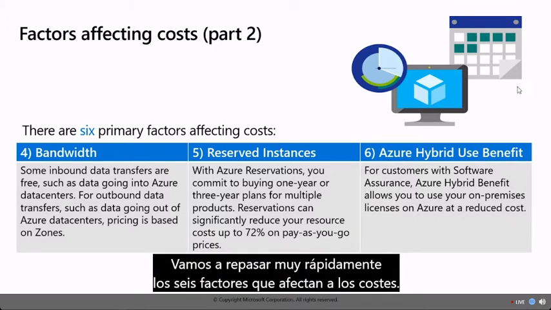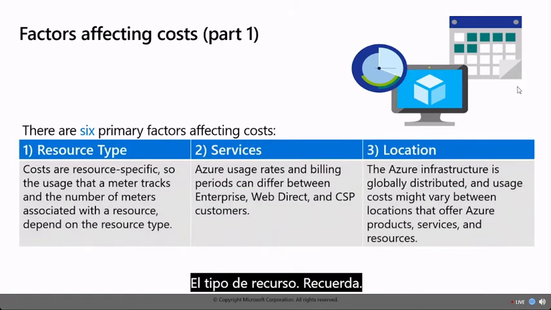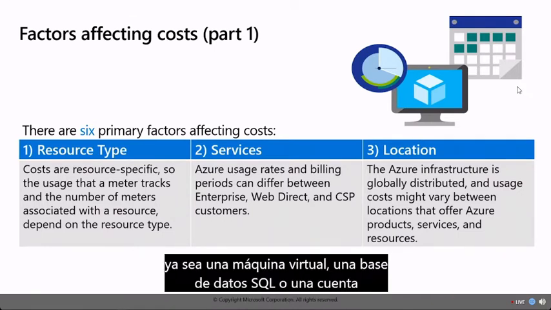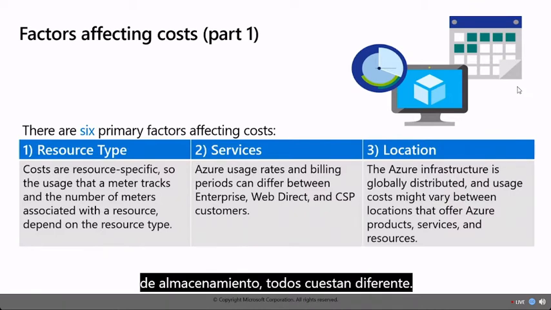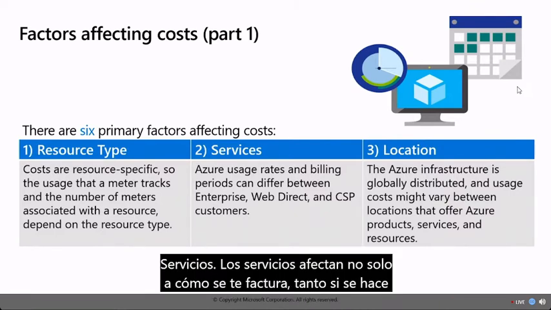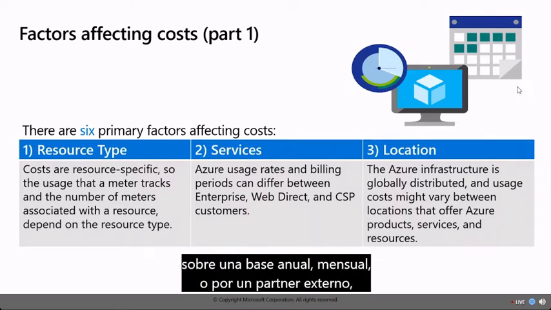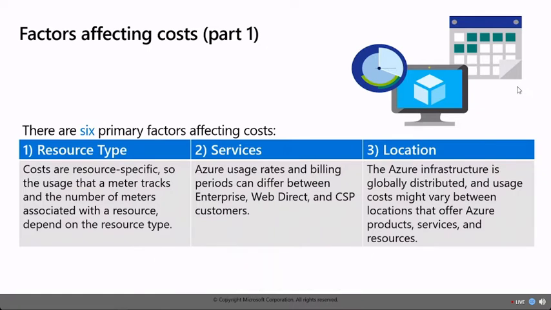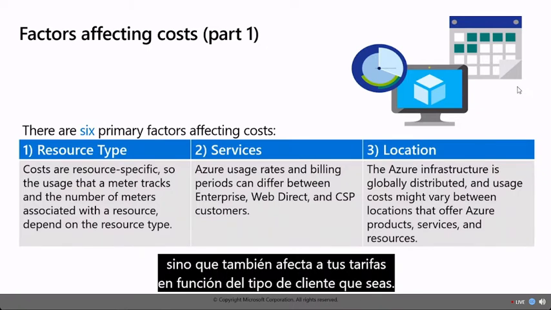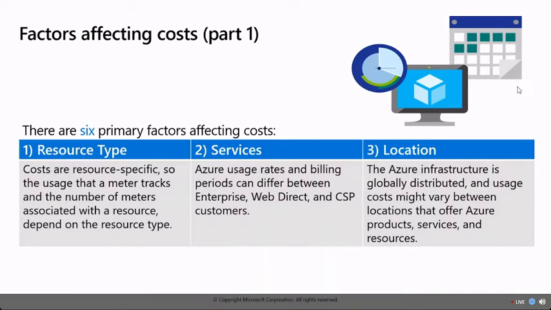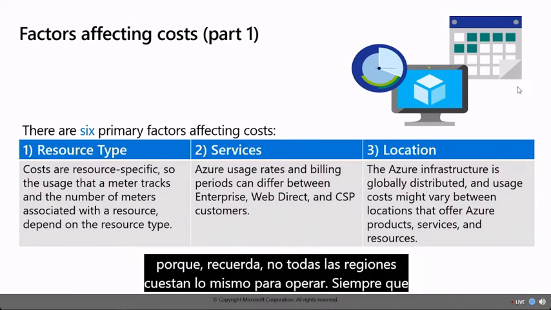So let's very quickly review the 6 factors that impact cost. The resource type. Remember, whatever resource you select, whether it's a virtual machine or a SQL database or a storage account, they cost differently. Services impact not only how you're billed, whether you're billed directly from Azure on an annual or monthly basis, or by a third party, but it also impacts your rates depending on your customer type. Your location impacts cost because remember, not all regions cost the same to operate.